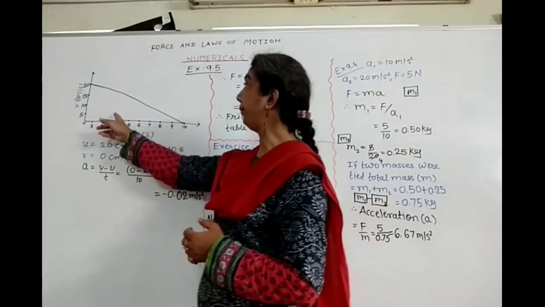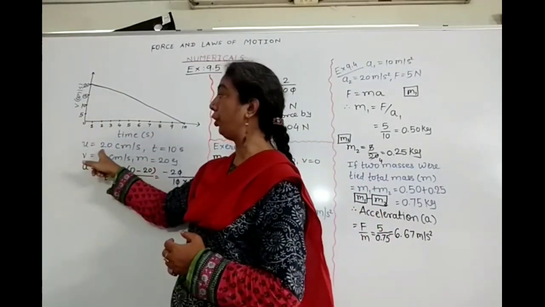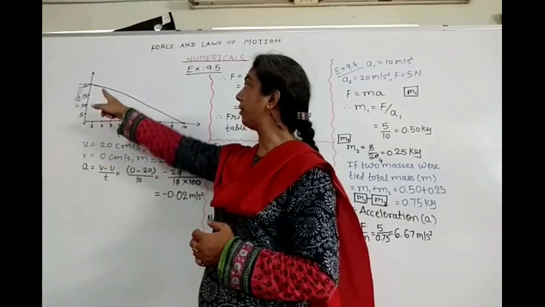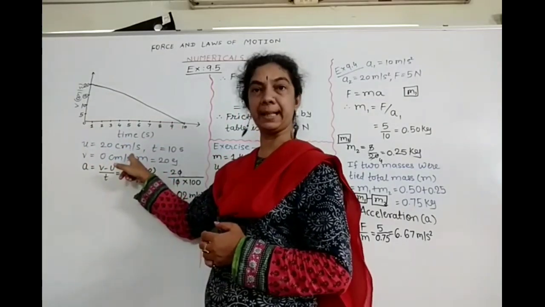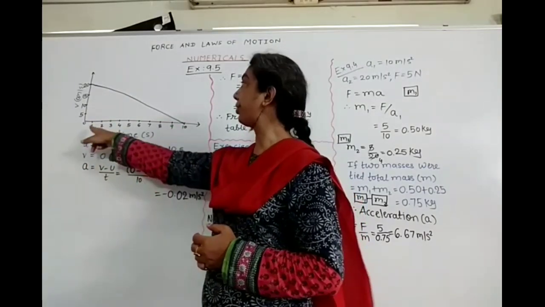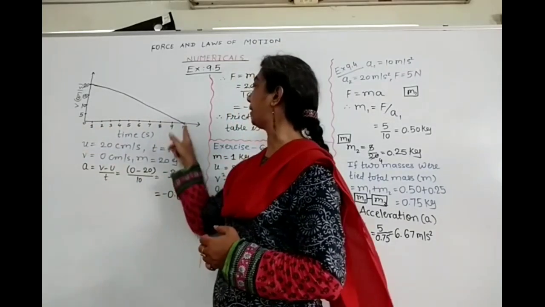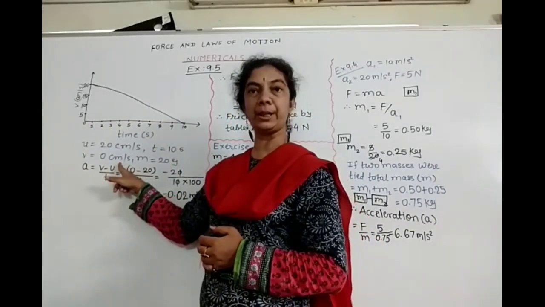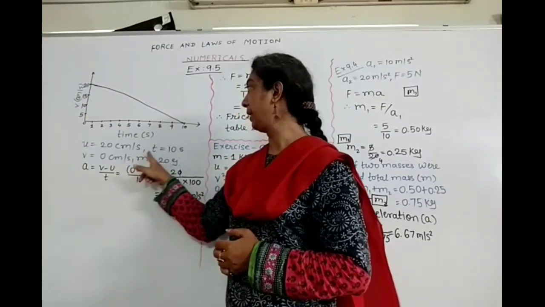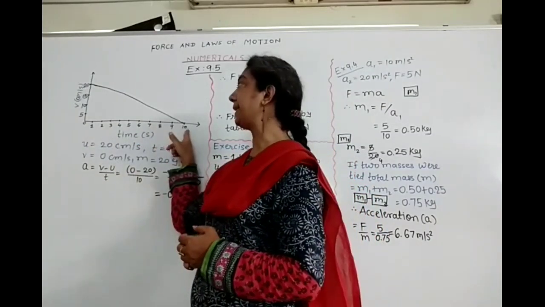So from the graph we are getting U equals 20 centimeter per second, comes to rest. So final velocity V is 0 centimeter per second. It comes to rest in 10 seconds.